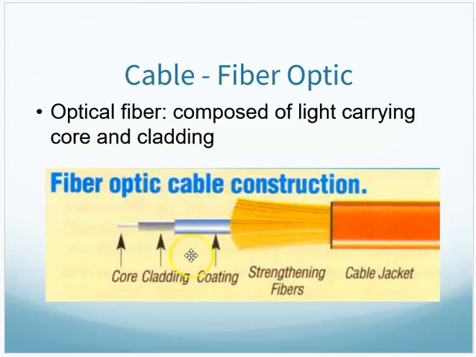If I cut that away, now I'm actually down to the glass fiber itself, which if I put it under a microscope, which we will do later this semester, I can see that there is a cladding on the outside and a core on the inside. The two layers of glass, if you will: the core being the part carrying the light signal, the cladding being around the outside, almost like a donut, and that's there to reflect the light, or bounce the light back into the core.